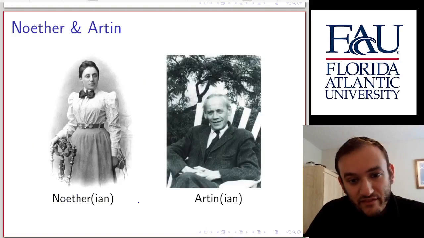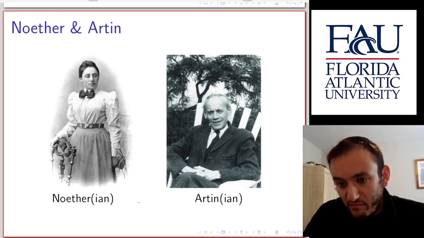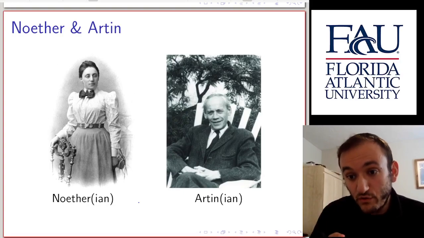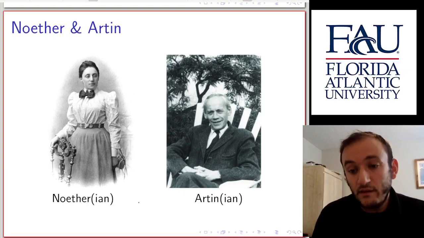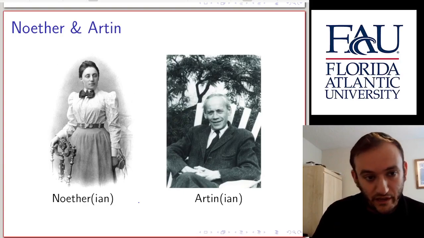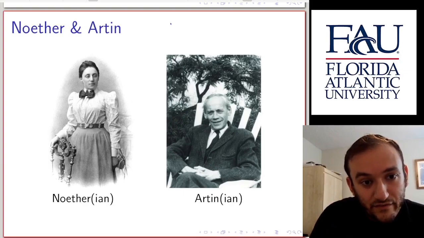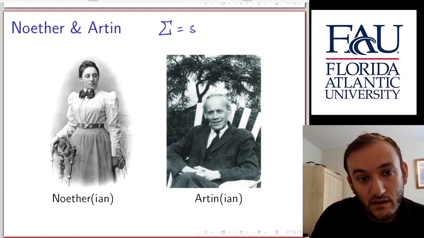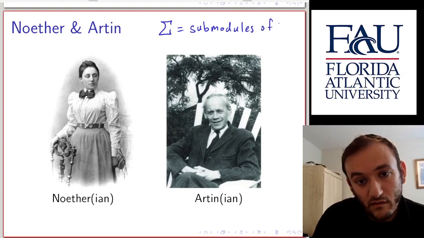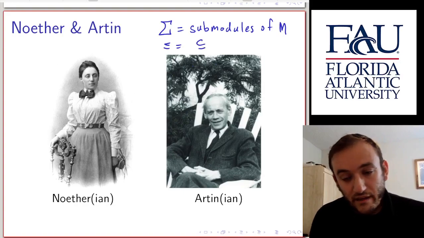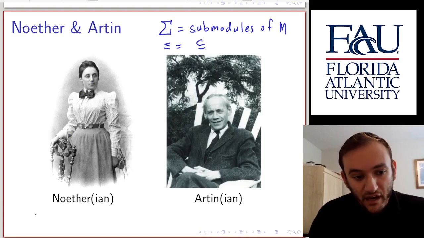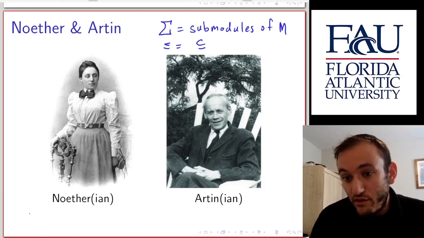When we have a module whose set of submodules is ordered by inclusion, so if we have sigma equals submodules of M and less than or equal to is given by the subset relation, then a module satisfying the ACC is called a Noetherian module.